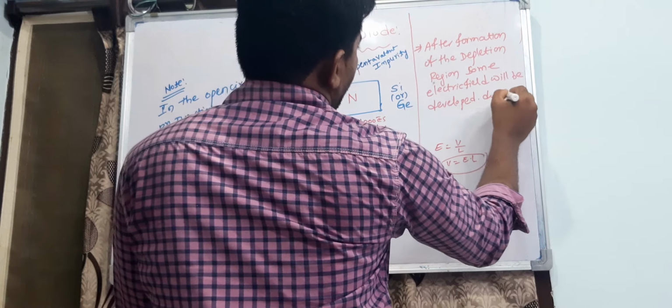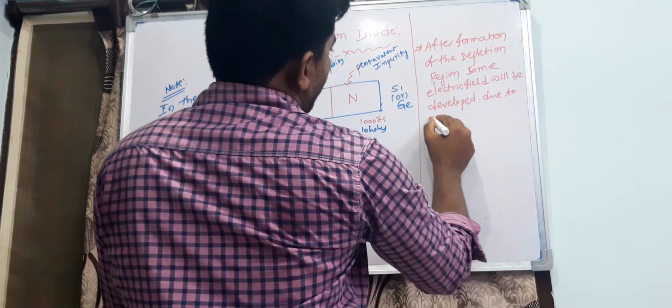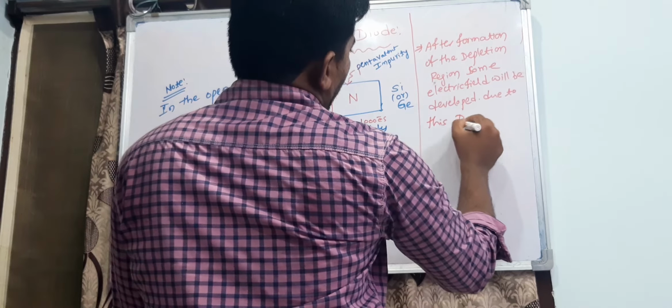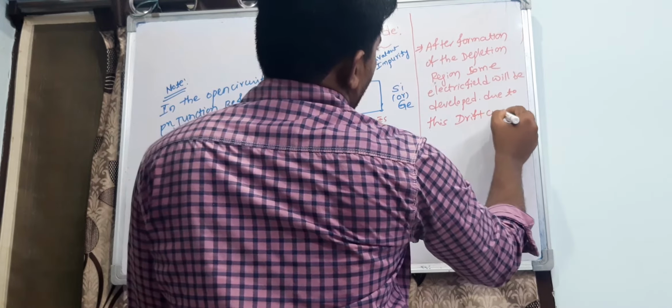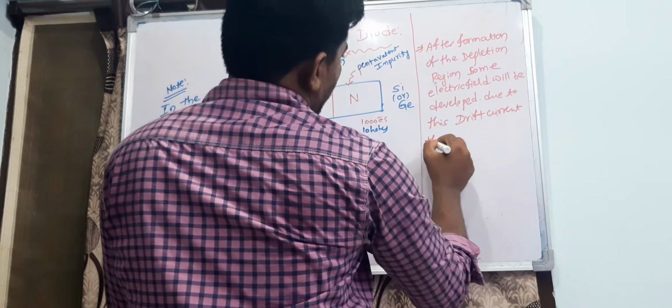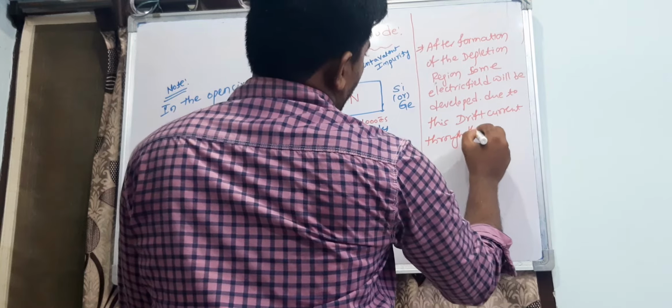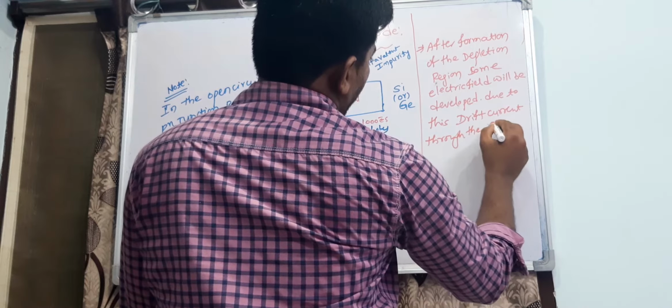Due to this, drift current flows through the semiconductor, or drift current flows through the diode.